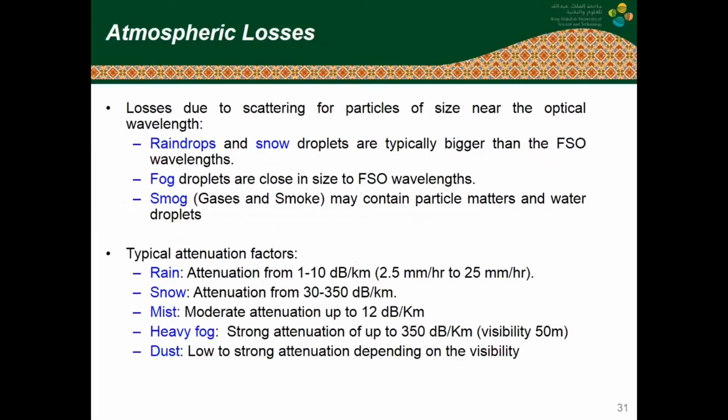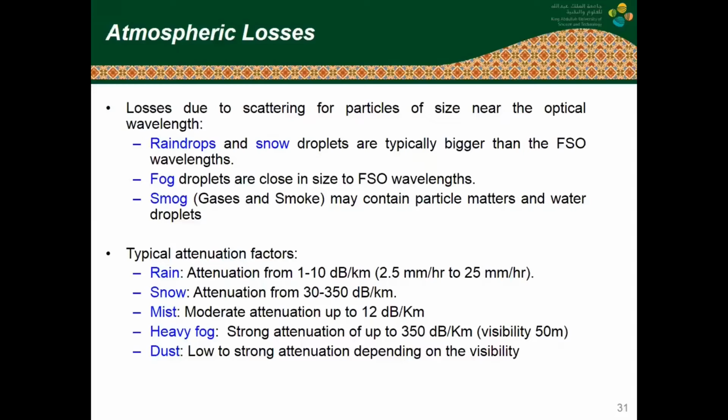So now, if you want to go back to what I was talking about, if you want to quantify the different issues that you need to take into account in your budgeting calculation, you need to account for raindrop or snow, fog, smog. These are more the deterministic effects that you may encounter. There are some models that have been proposed.